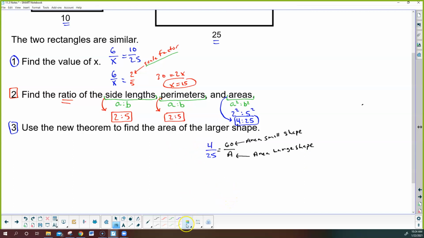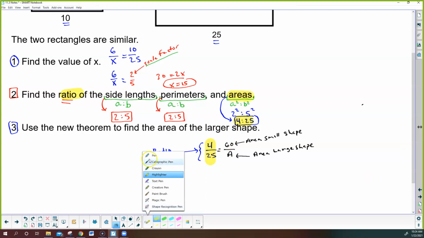And then this whole blue piece, this is the ratio of the areas, right? That's what we talked about right here. 4 over 25 is the ratio of the areas.